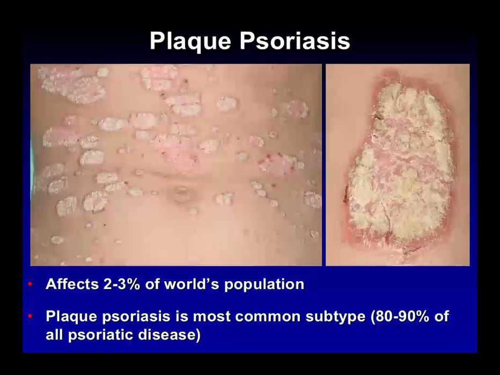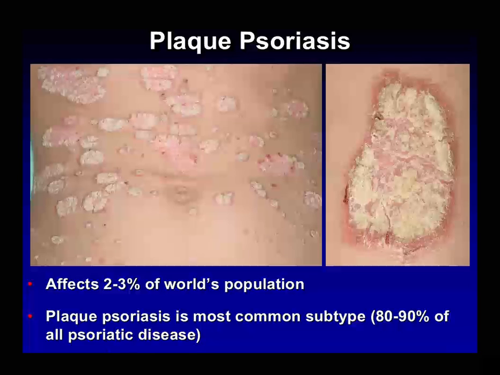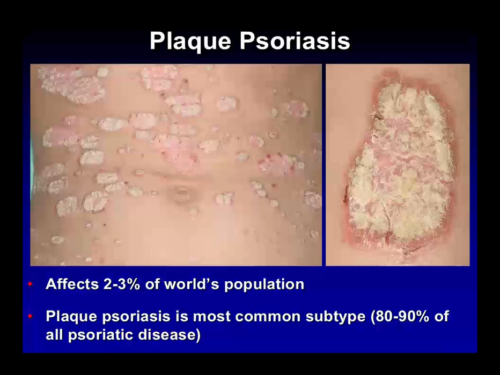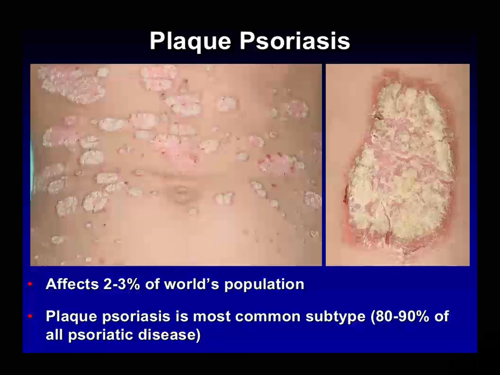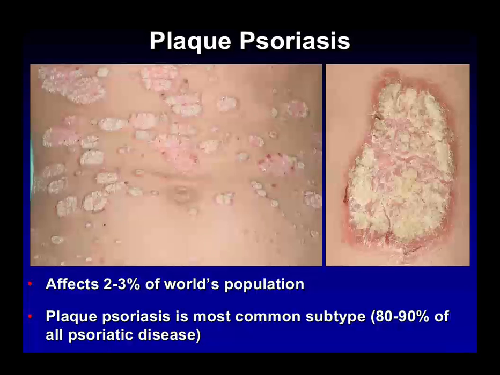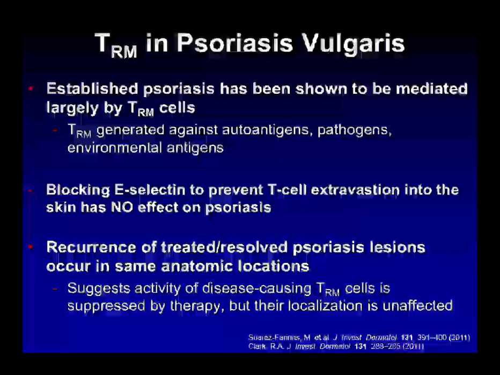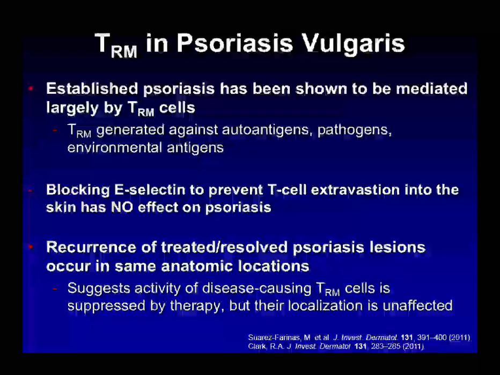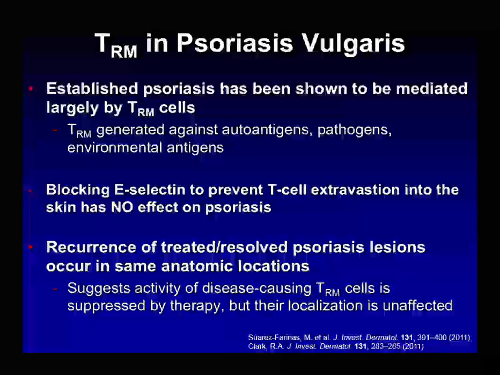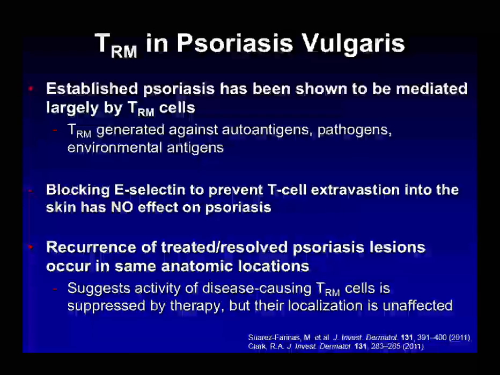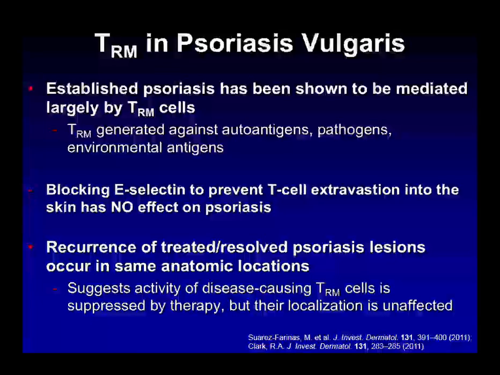Psoriasis, as I'm sure all of you know, is a very common chronic immune-mediated skin disease. It affects 2 to 3% of the world's population. Plaque psoriasis is far and away the most common subtype, characterized by these very well-demarcated erythematous plaques with thick scale. It's well established that psoriasis is mediated mainly by skin-resident memory T cells, with Th17 cells being the major player, at least that's what is thought at this point in time.